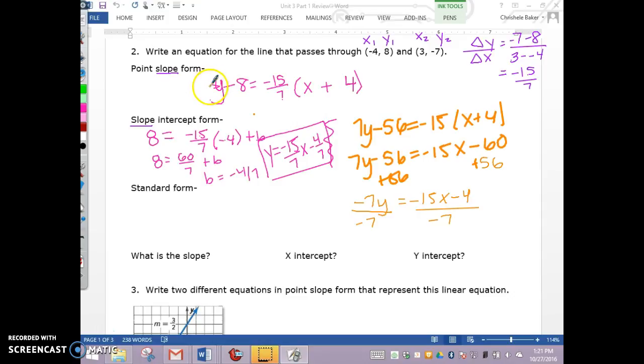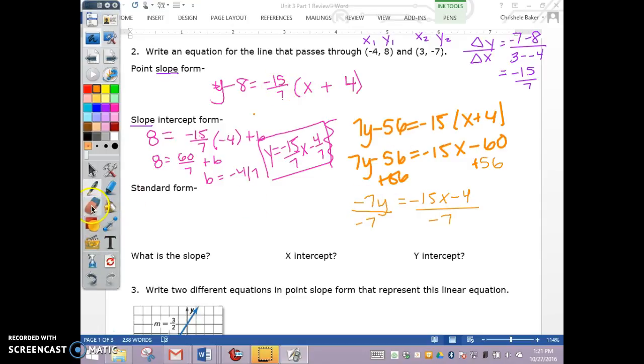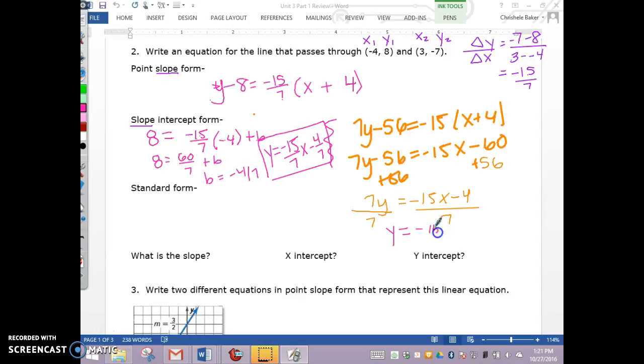Multiply everything by 7. Negative 56. Oh, that's not a negative 7. That's why. So final answer again, y equals negative 15 over 7x minus 4 over 7. Same exact answer, two different ways to do it.